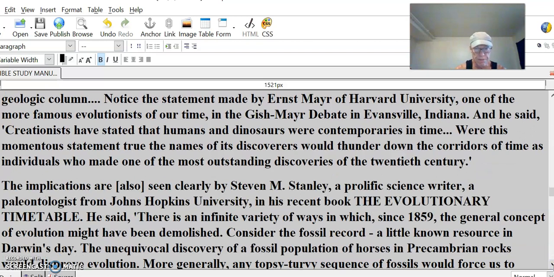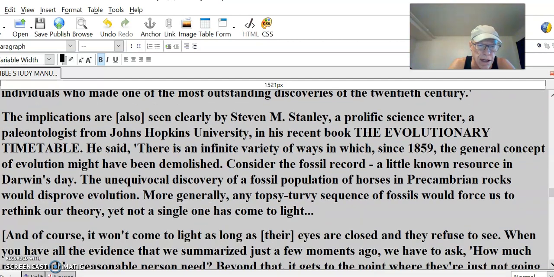He said, there is an infinite variety of ways in which, since 1859, the general concept of evolution might have been demolished. Consider the fossil record, a little-known resource in Darwin's day. The unequivocal discovery of a fossil population of horses in Precambrian rocks would disprove evolution. More generally, any topsy-turvy sequence of fossils would force us to rethink our theory, yet not a single one has come to light.